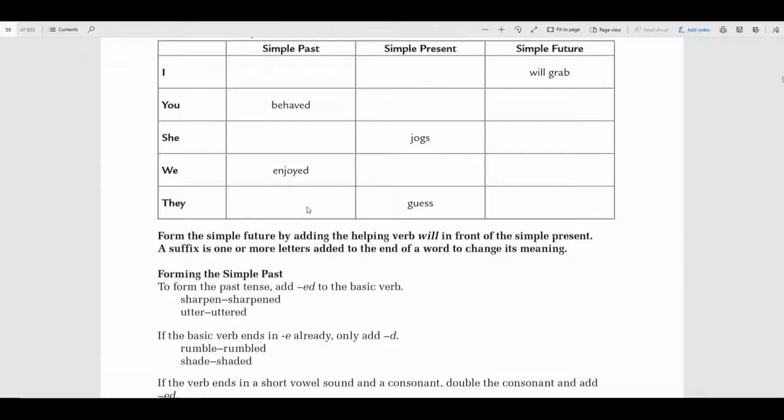It sounds like a T at the end, but it's ed. It's this base word with ed. They guessed. Simple present, they guess, and simple future, they will guess. I hope you filled that out.